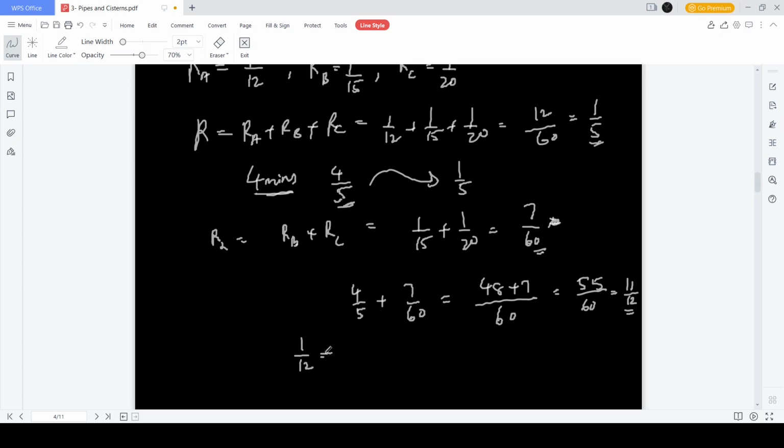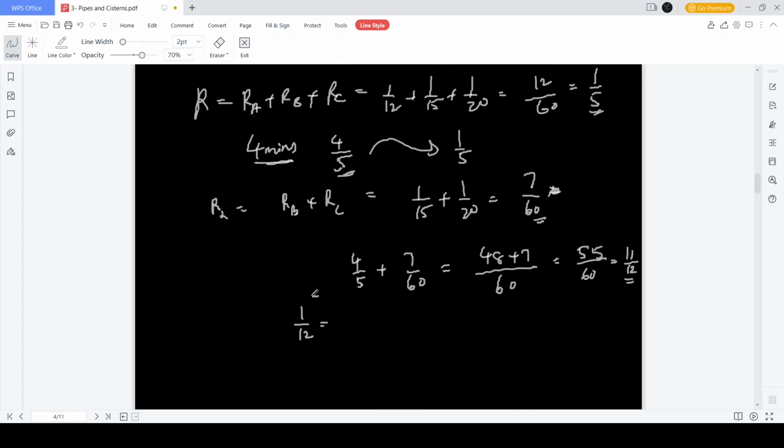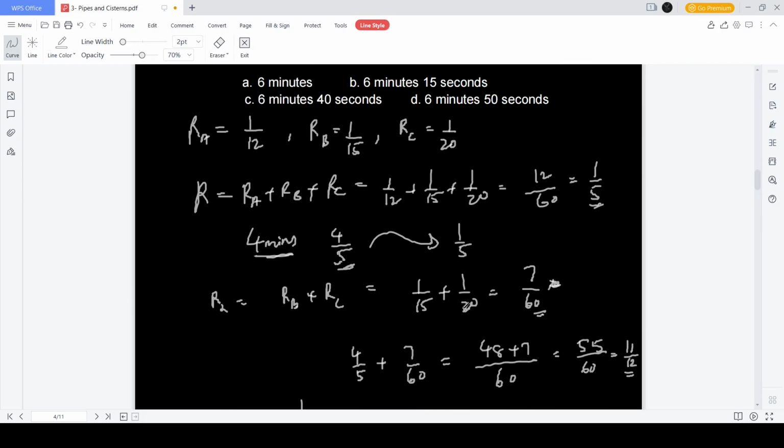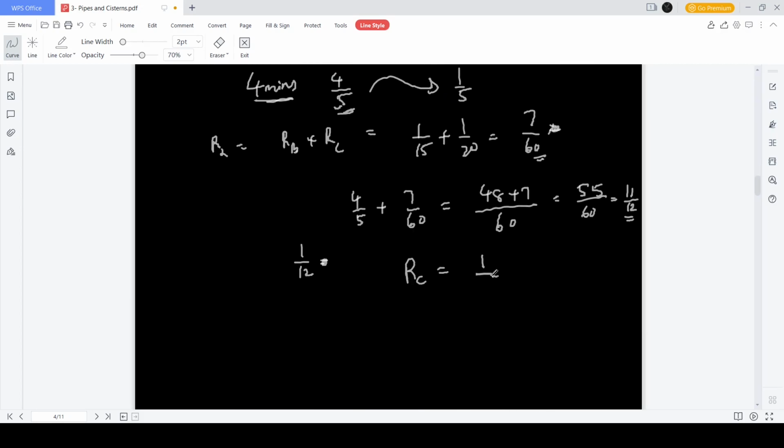Now this only C has to complete, right? So what we do is, see, rate of C is given to us as 1 by 20. So 1 by 20 of the tank is filled in 1 minute. So how many minutes does it take to fill 1 by 12 of the tank? 11 by 12 is filled, so we need to fill 1 by 12 of the tank.